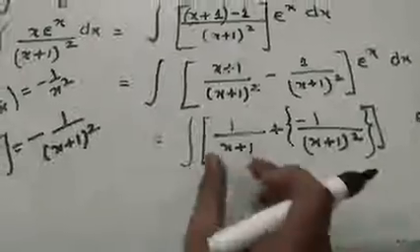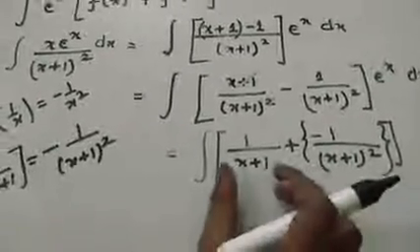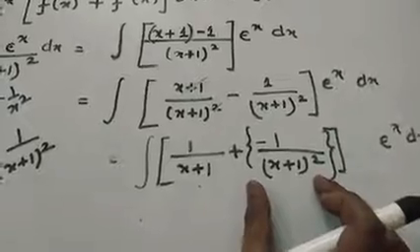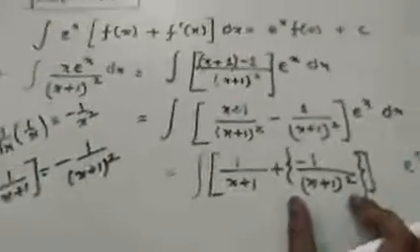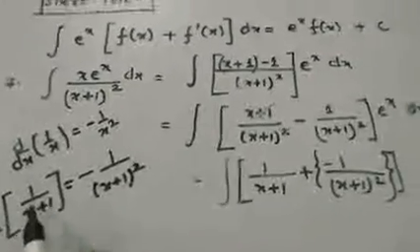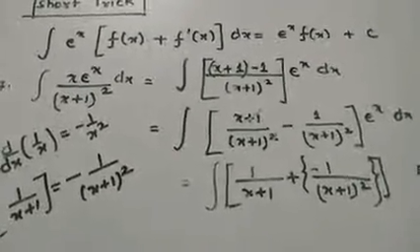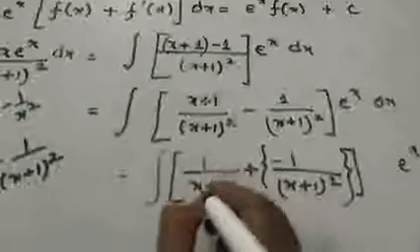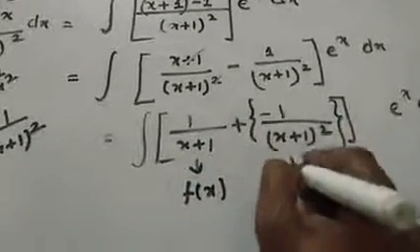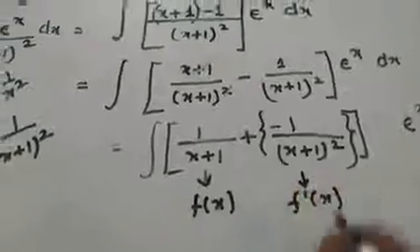So by now see that these two terms, one is 1 by (x+1), another one is minus 1 by (x+1) whole square. From here you can remember which one is your f of x and which one is the derivative of f of x. Simply this is your f of x and the minus part is your derivative part.